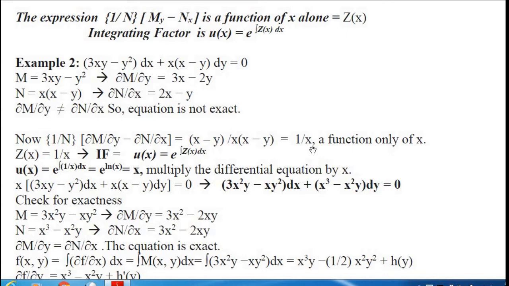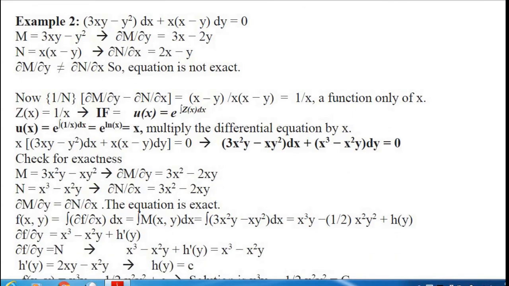See, this is a function of x alone. So z of x is 1 by x, and u of x is e raised to integral z of x, that is 1 by x, getting answer x.